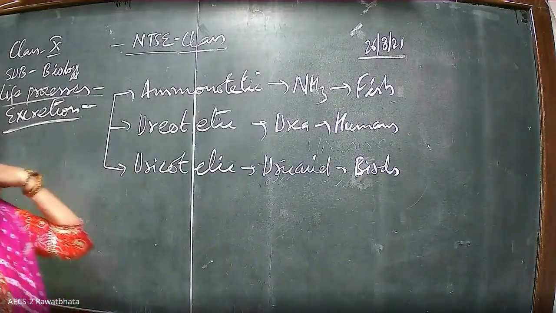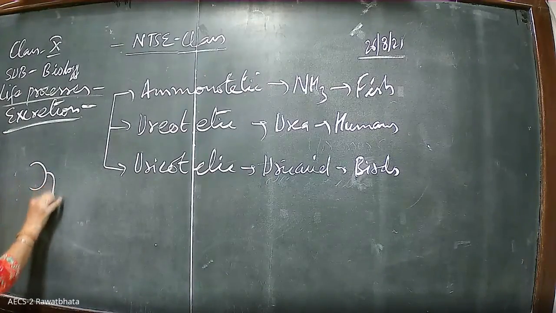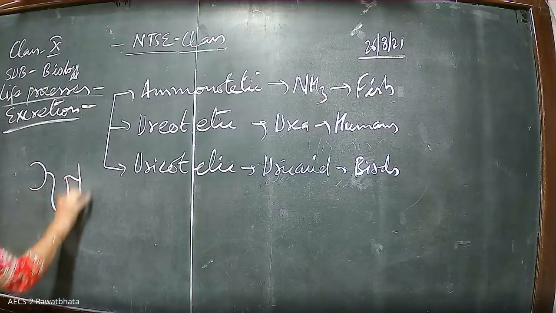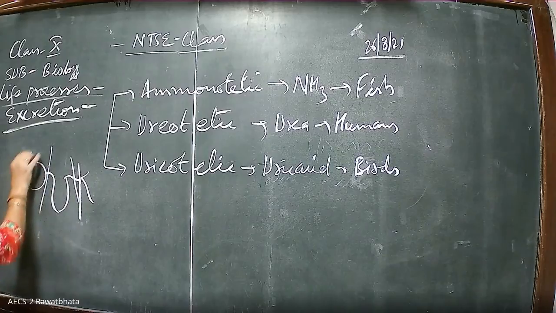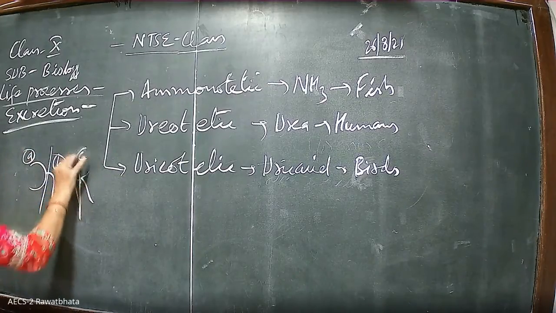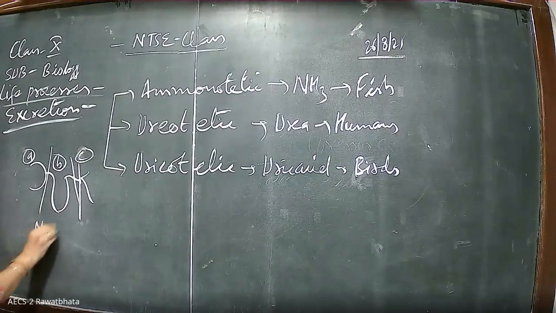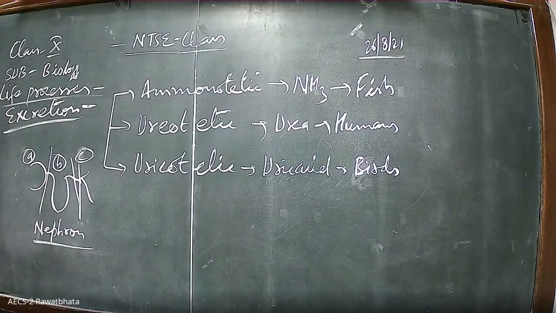And the waste product that is released from the body, specifically nitrogenous waste, we are discussing. It is passed out of the body with the help of the excretory unit named nephron. In the nephron, this is the Bowman's capsule.